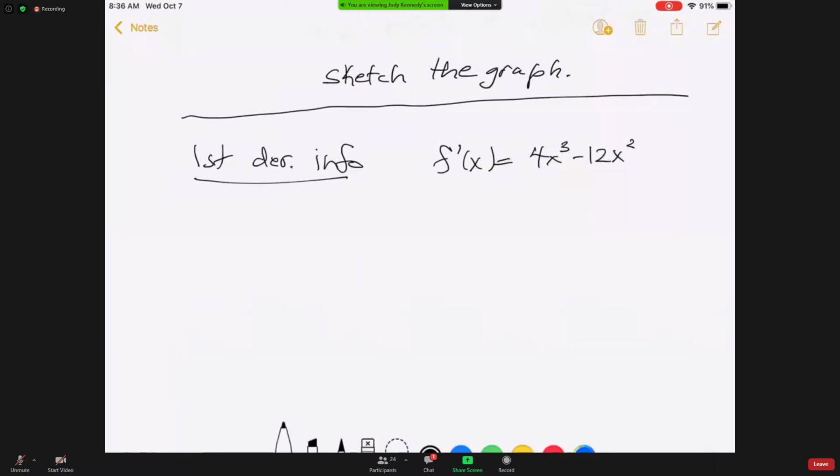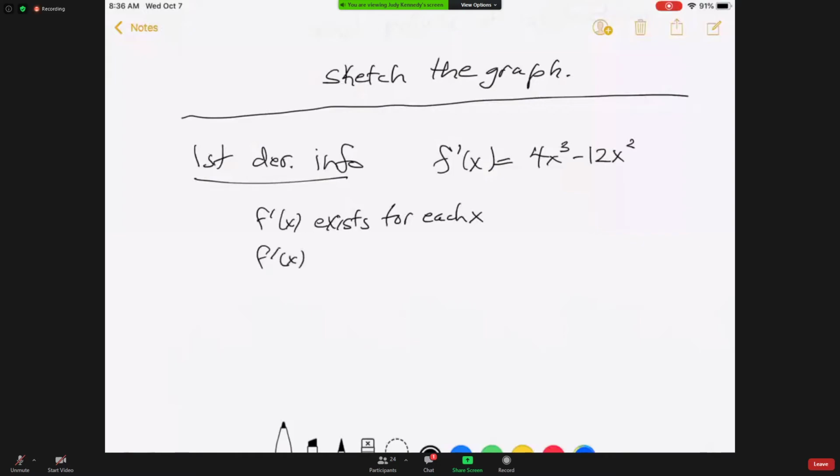Well, f was a polynomial, so f prime and f double prime will also be polynomials. And that means f prime always exists. So no critical points from f prime not existing.